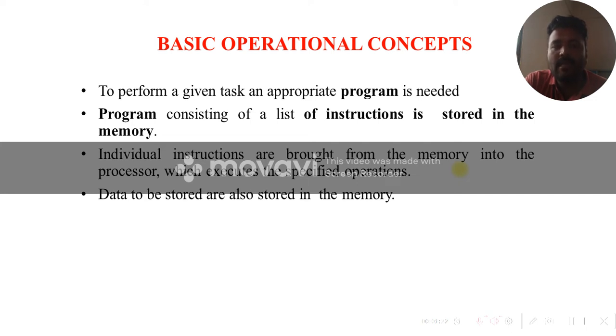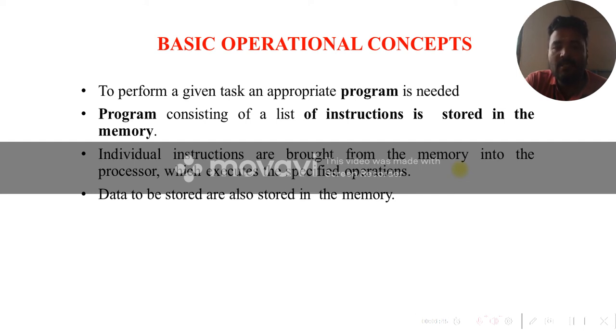The individual instructions are brought together from the memory into a processor which is able to execute the specific operations. These operations can be of anything. For example, the operation can be a normal arithmetic operation, or logical, or any kind of bitwise operation. So any kind of operation can be carried out in these operational concepts.